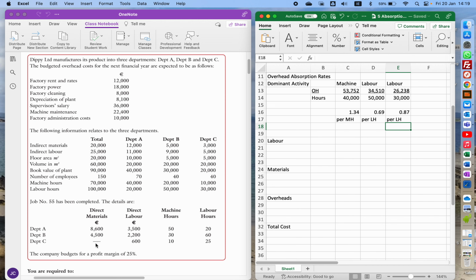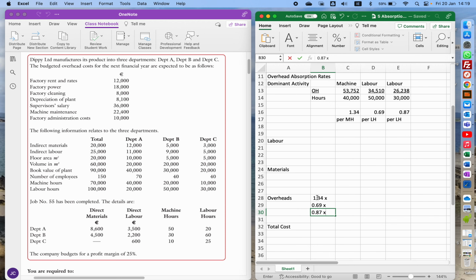Notice department C, there's no money going to be spent on materials in department C, for example. Okay, but when it comes to overheads, when you're going to do your maths, it'll be 1.34 multiplied by whatever number of hours, in this case machine hours. It'll be 0.69 multiplied by whatever hours for the other department, and 0.87 for the third department.